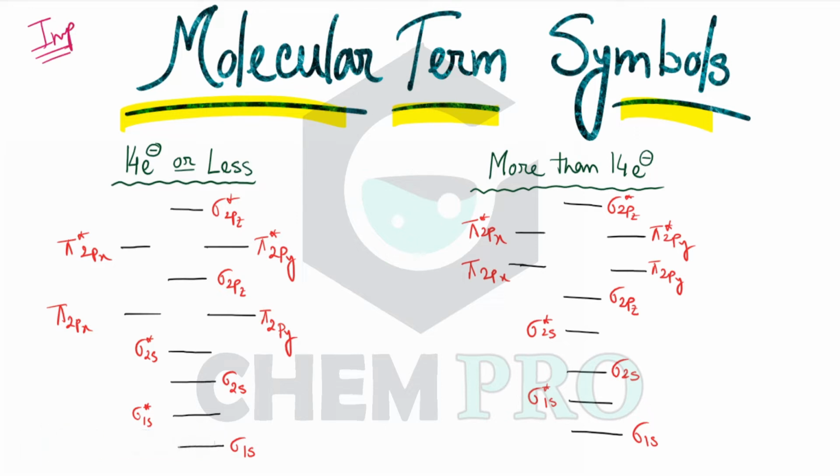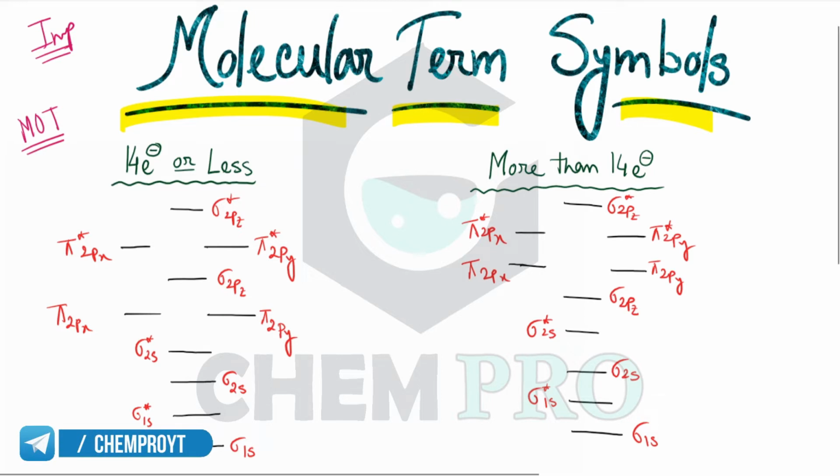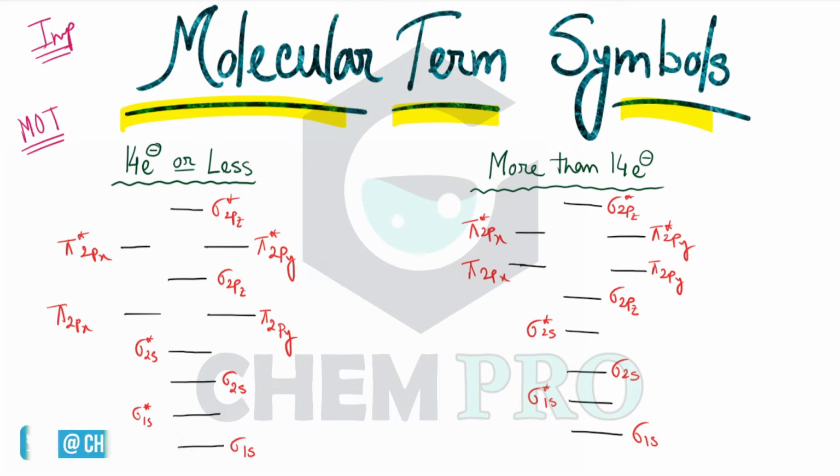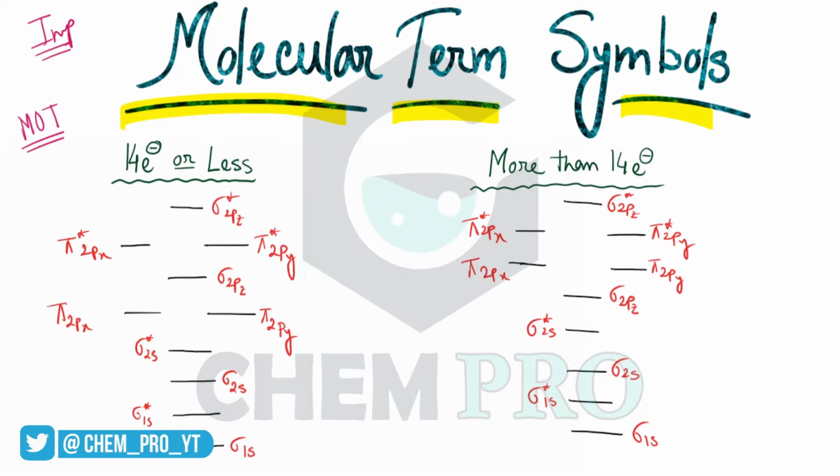And for molecular term symbols, we have to recall the concepts of the MOT, that is molecular orbital theory. So in molecular orbital theory, there are two concepts for the configuration or the molecular orbital diagram. The first one is the 14 electron or less than 14 electron concept, and the second one is the more than 14 electron concept.